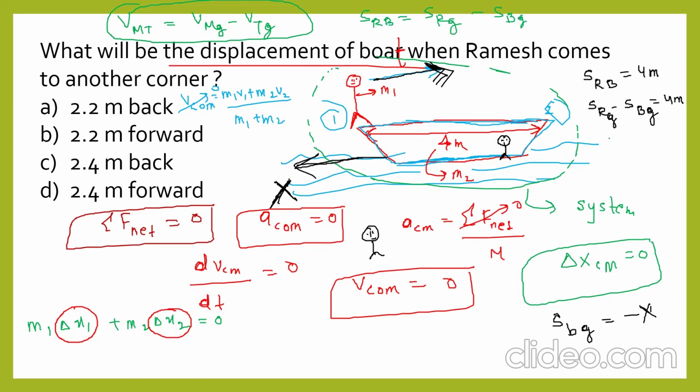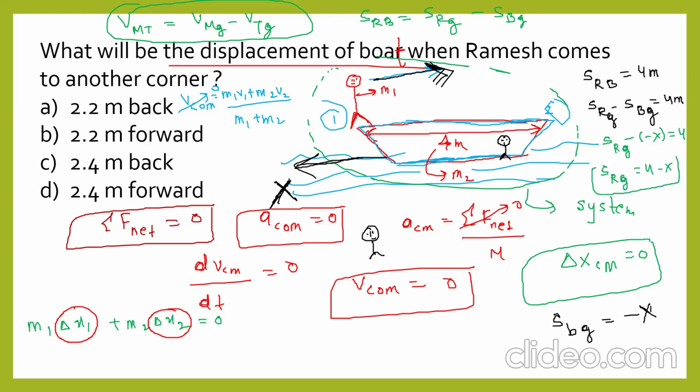Then we need to write the displacement of Ramesh with respect to ground, because we are writing with respect to ground. The displacement of the boat with respect to ground is minus x, because the boat is on the ground. So it will be 4 meter. Clear? So the displacement of Ramesh with respect to ground will be 4 minus x.